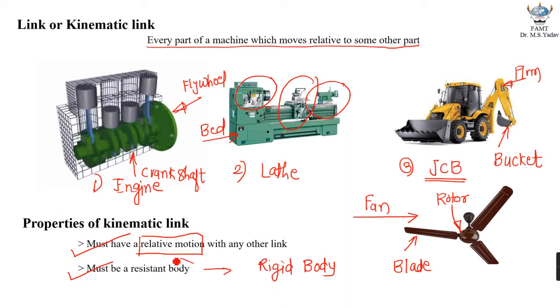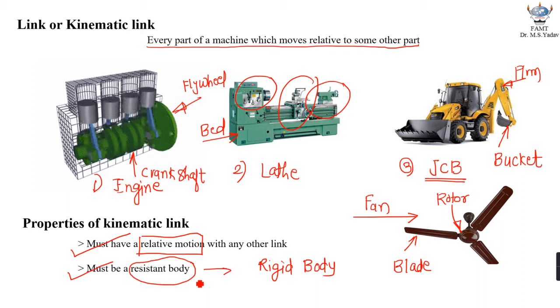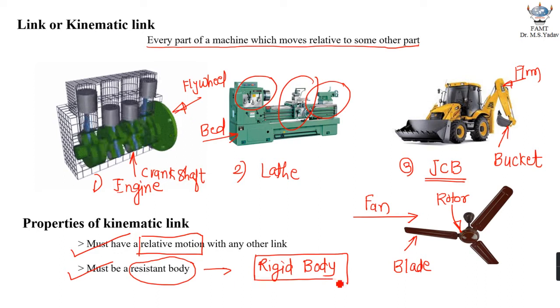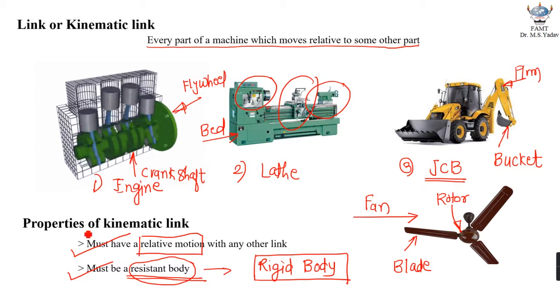However, a resistant body is the one which deforms while transmitting motion or forces, but their deformation doesn't affect the force or motion being transmitted. Now, as we all know, a perfectly rigid body doesn't exist in actual practice. So, to be a kinematic link, it should be a resistant body.